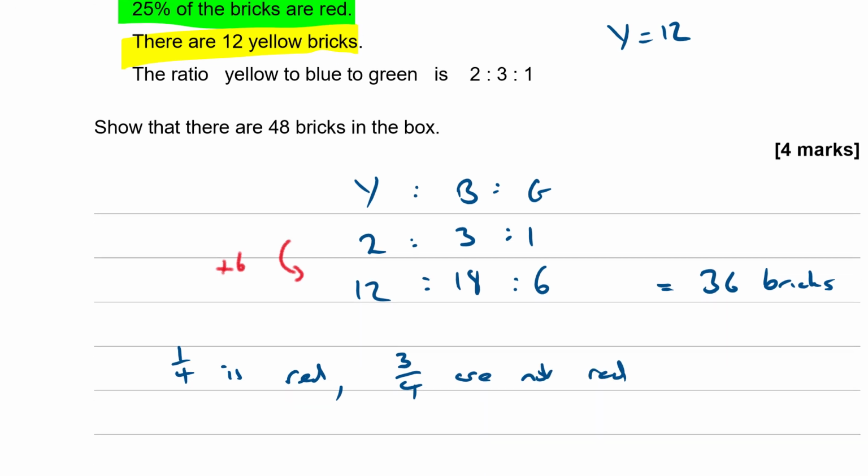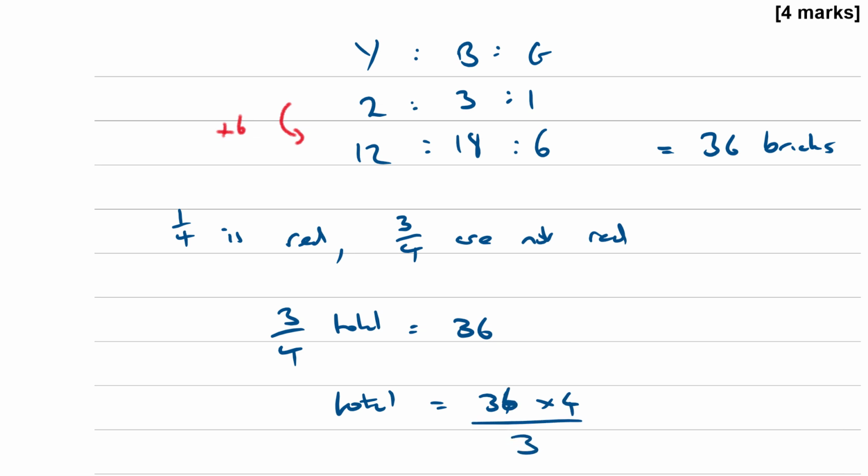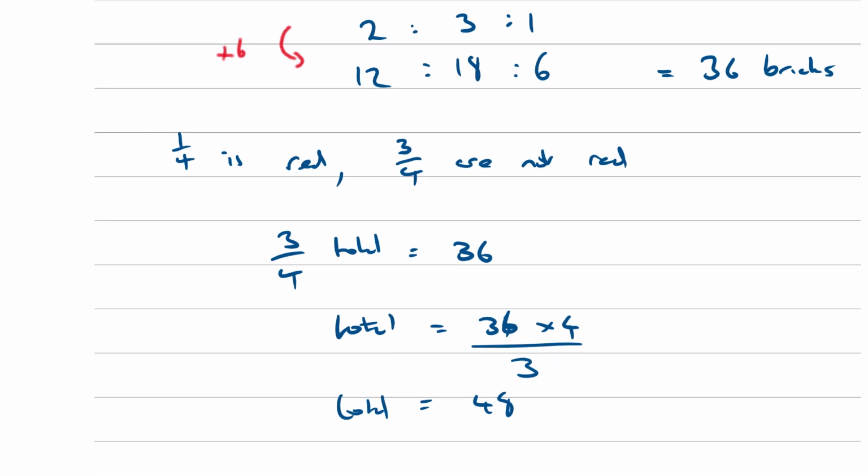So 3/4 of the total is going to be 36. So then the total is going to be 36 times 4 divided by 3. 3 into 36 goes 12, 12 times 4 is 48. Total is 48 as required.